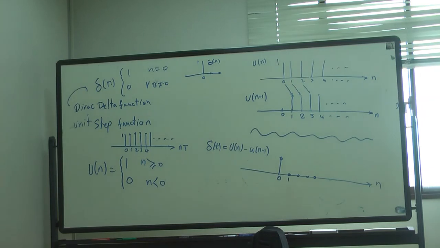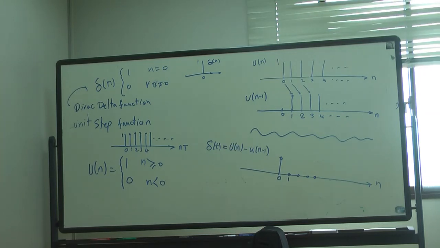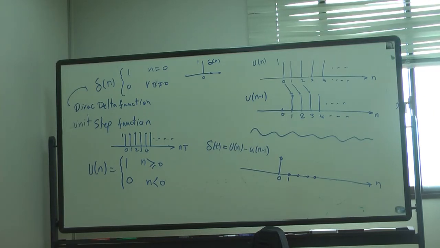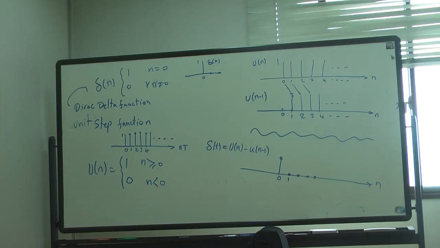If the system is linear, you have two inputs, x1 and x2, multiplied by two constants, a1 and a2, and then added together at the input side. So this is a linear combination.